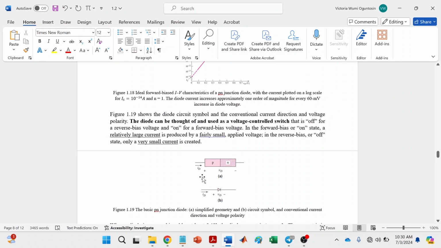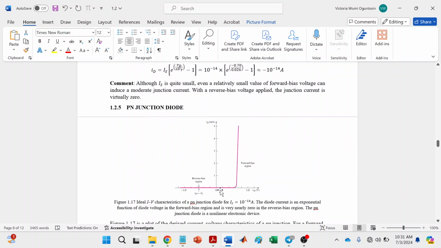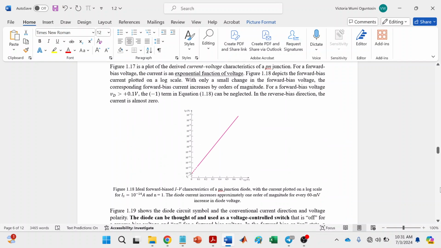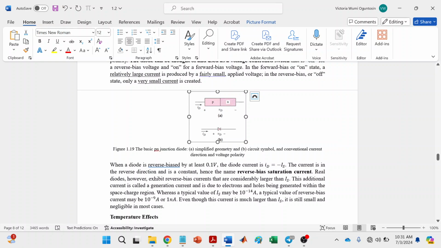So the diode can be thought of as a switch, because when a reverse bias voltage is applied, there's no current, it's off. When a forward bias voltage is applied, current will flow and it's on. So lots of current will flow. It can be thought of as a voltage-controlled switch.